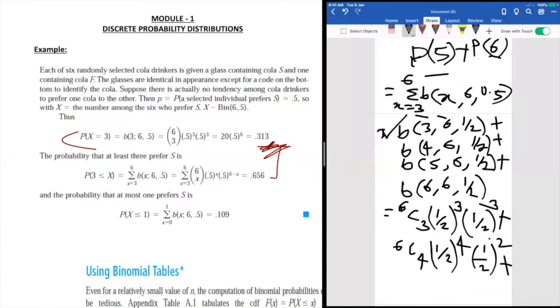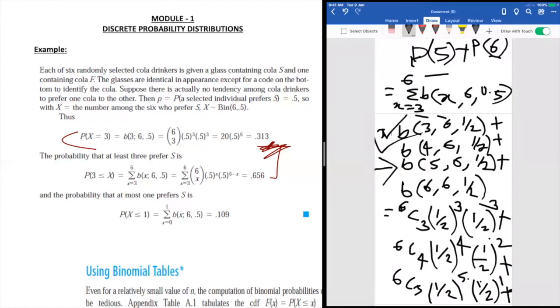The third term, binomial of 5, 6, 1 by 2, equals 6C5 1 by 2 whole raised to 5 times 1 by 2 raised to 1.